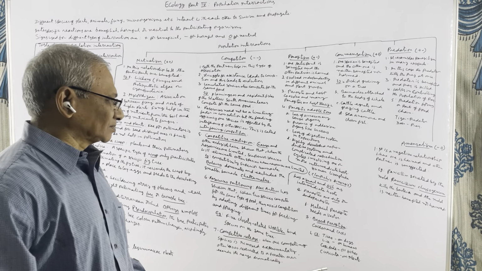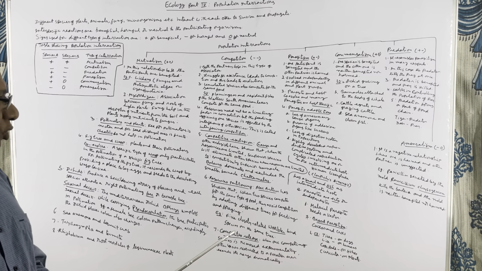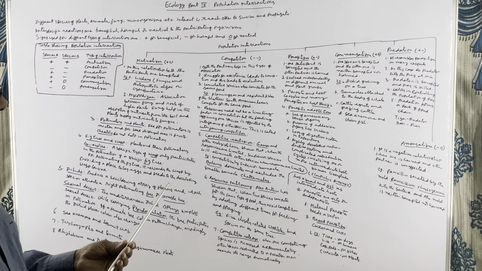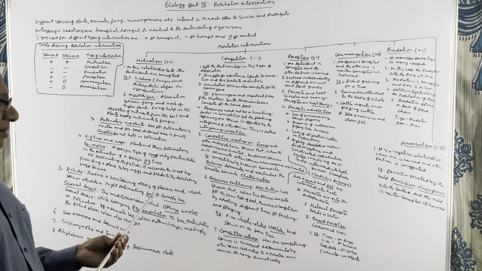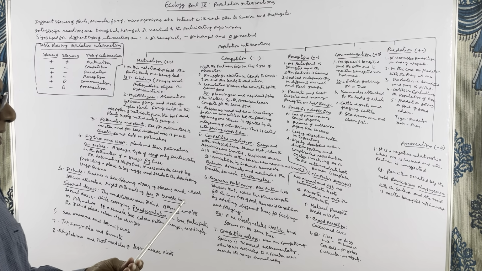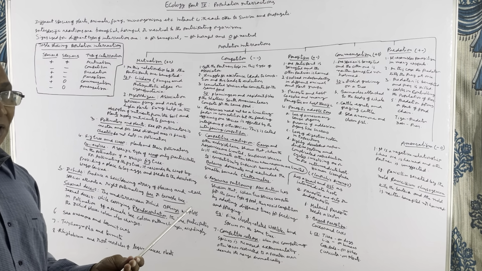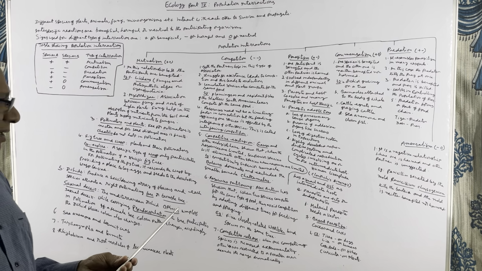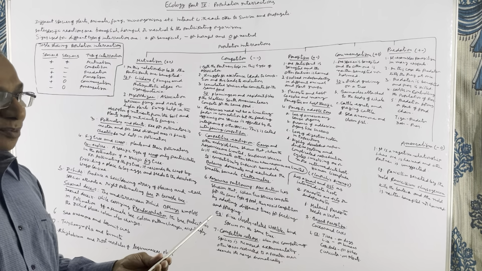Then amensalism. Don't confuse amensalism with commensalism. In the case of amensalism, one participant is harmed and the other participant is neither harmed nor benefited. Here we can give the example of penicillin. Penicillin is an antibiotic.